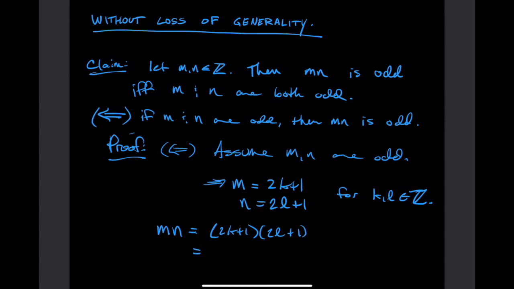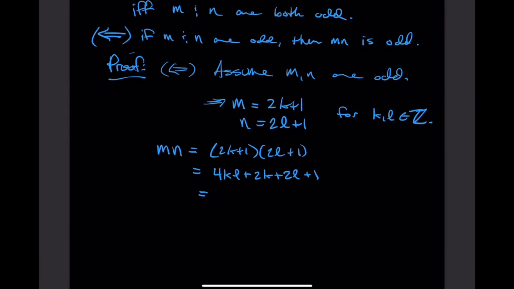And so when we expand this thing, we're going to have 4kl plus 2k plus 2l plus 1. And it's pretty easy to see here, if we take out a 2 from just the first three terms, we're going to have 2kl plus k plus l, and then we have that plus 1 on the outside. This thing right here we could call x, so we have 2x plus 1. So there's our odd integer. So therefore mn is odd.